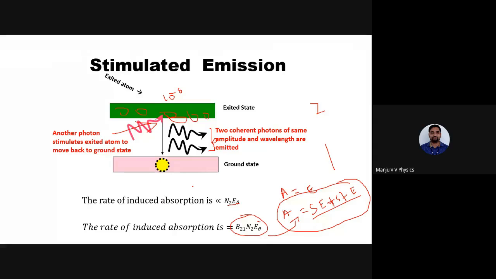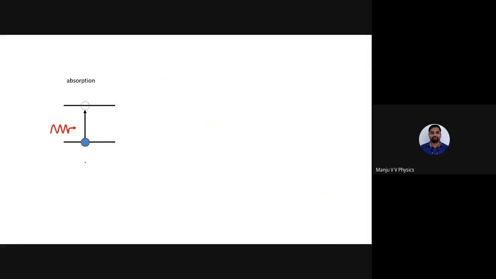For now, just understand the three different processes: induced absorption, spontaneous emission, and stimulated emission, what parameters they depend on, and what the principle of laser is. Stimulated emission is the principle of laser. This is absorption: the atom was in the ground state, you give energy, it goes up. That's it. Spontaneous: the atom in the excited state comes to the ground state.